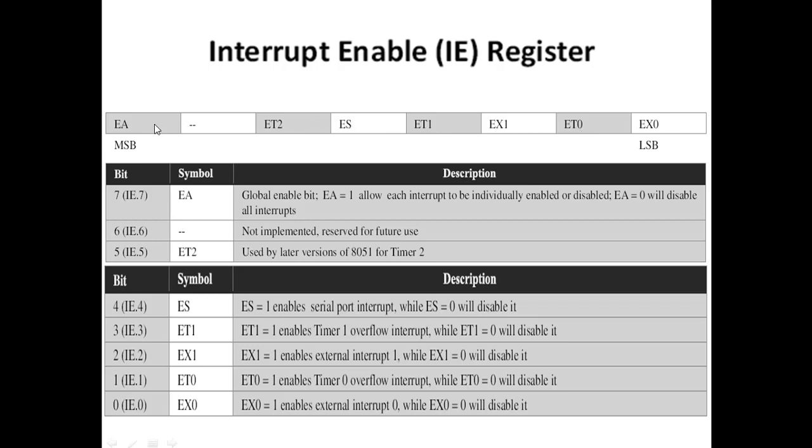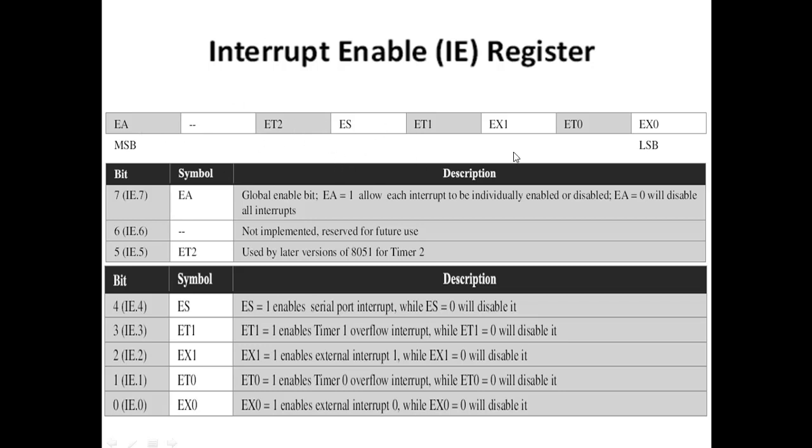If you combine them in hexadecimal, the lower nibble is 0 1 0 0, so it becomes 4. A nibble means a combination of 4 bits, which makes one hexadecimal digit. And the upper nibble 1 0 0 0 makes it 8.